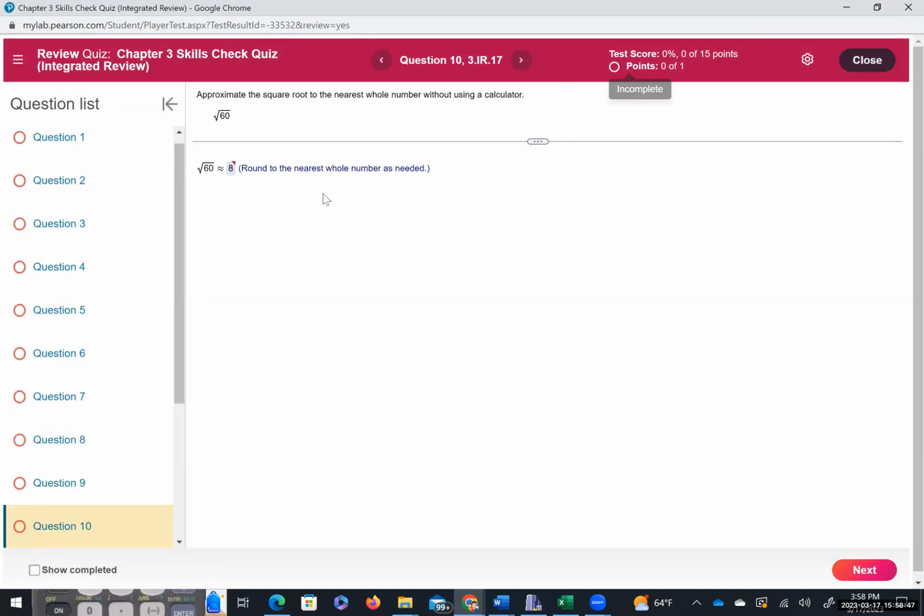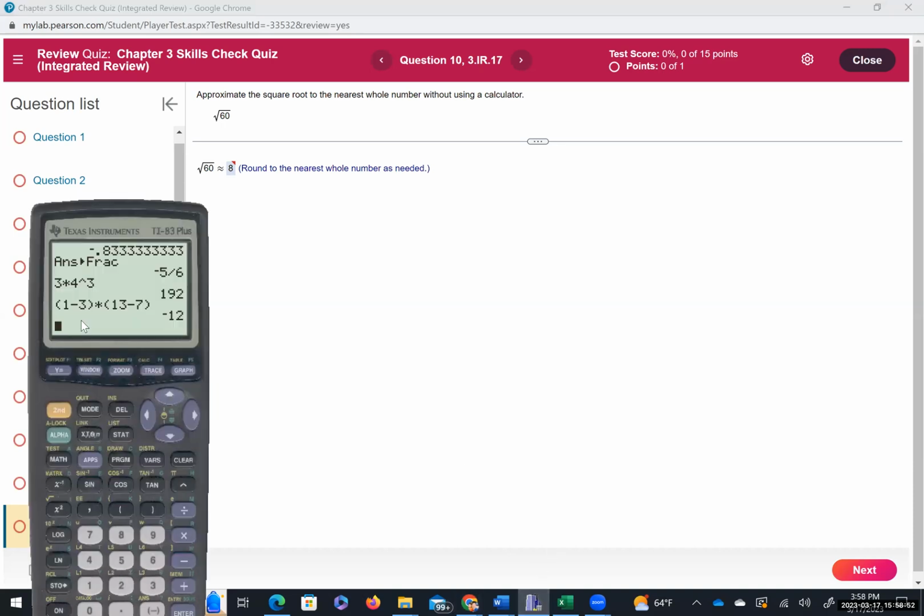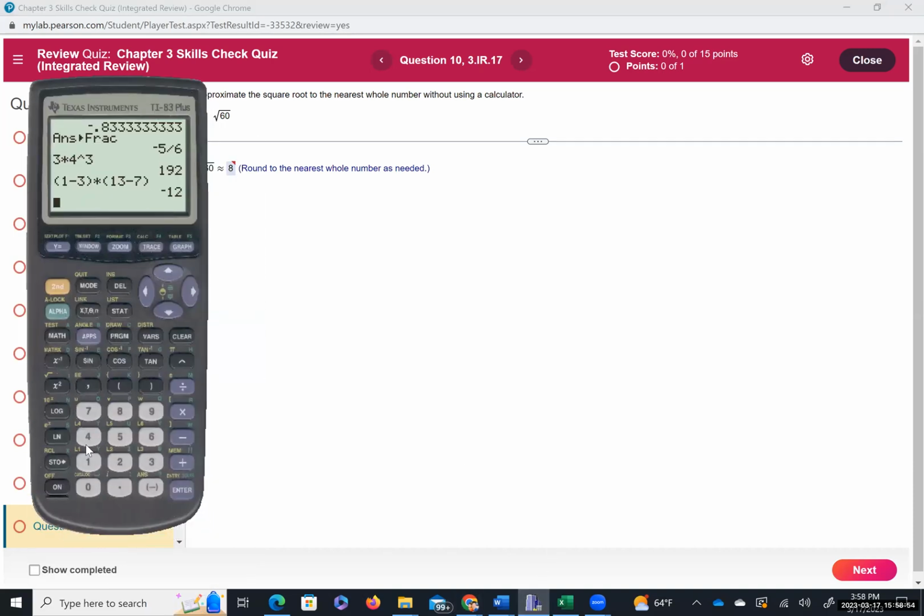Square root 60. All right. Square root 60. So put 60. So I have to do square root first, right? Square root 60. And 7.74 59 something. That's going to be the answer.